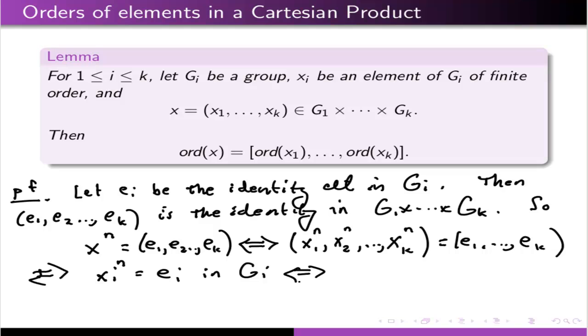And we've seen, well, you're in a group, so that means that the order of xi in the group Gi is a divisor of n. All right, so x to the n is the identity if and only if the order of xi is a divisor of n for all values of i.